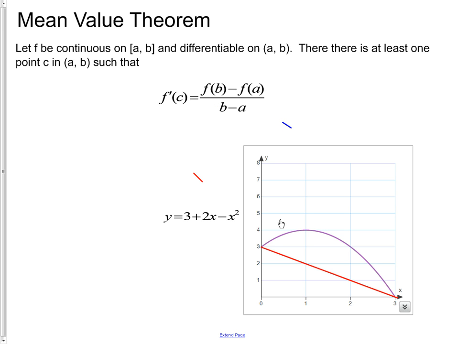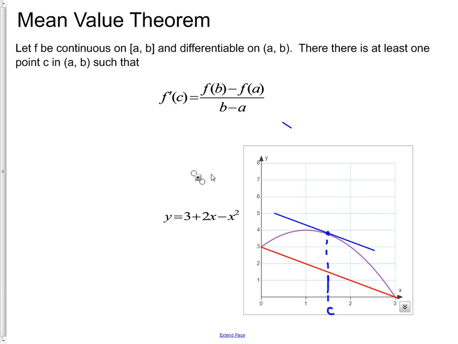And we say, well, all right, then this theorem tells us that there's some point c in between a and b such that, and I'm going to just make this line parallel to the other one, we should be able to find a point somewhere in between the interval, between a and b, such that the slope of that line is tangent to the curve at that point c and parallel to the line passing through a and b.